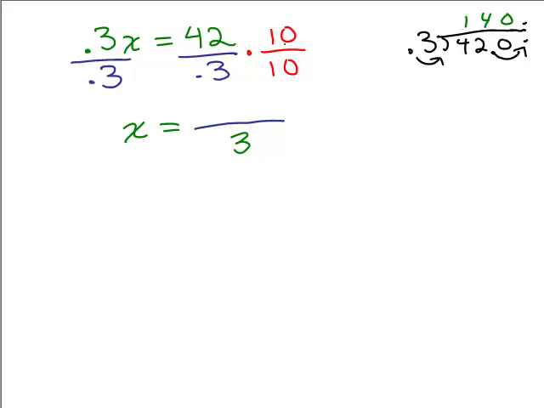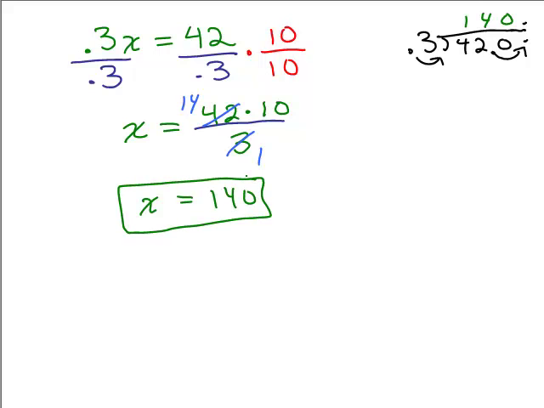And in the numerator, you could either multiply that, or how about if you just leave it as 42 times 10? I always leave things factored just in case something cancels. And in this case, you can cancel 3 into 42. It goes 14 times. So x is 14 times 10, or 140. So there's another way of getting 140 without doing the long division.